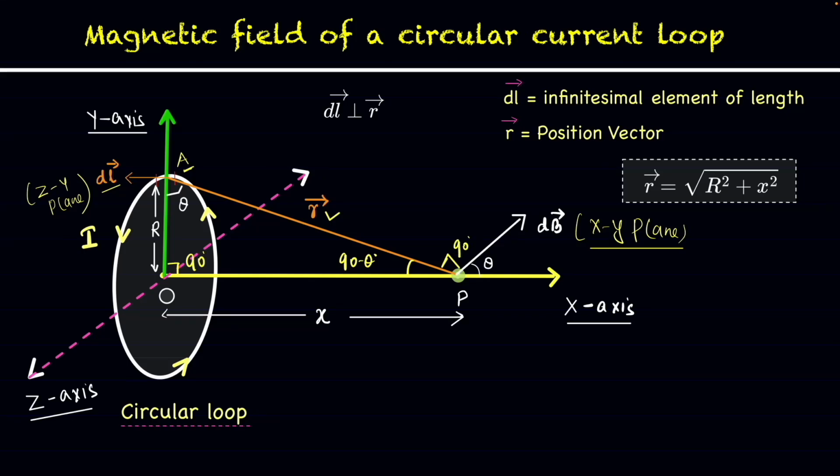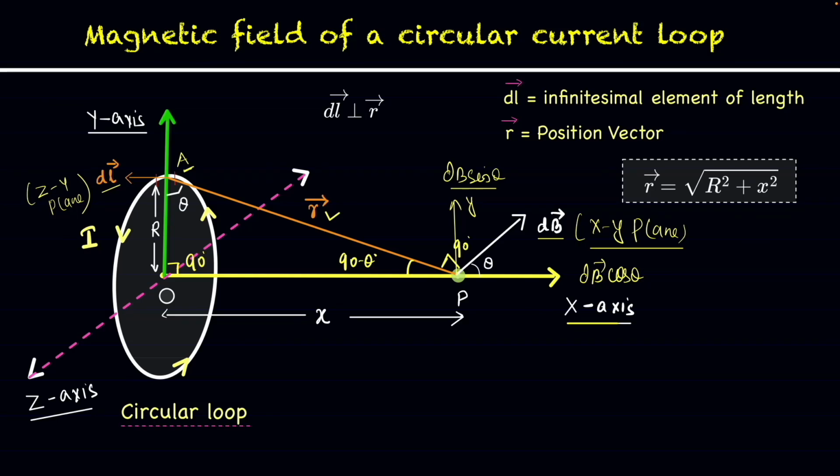So if this is the x-axis and this is the y-axis, the components of dB will be, with respect to the x-axis, dB cos theta, and with respect to the y-axis, dB sin theta. But this is only for a very small part of the circular loop.